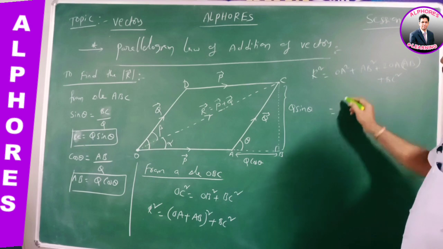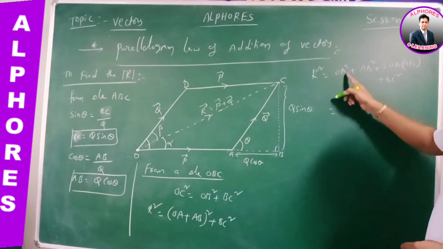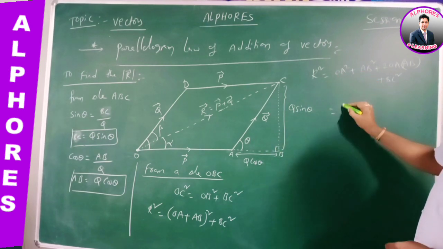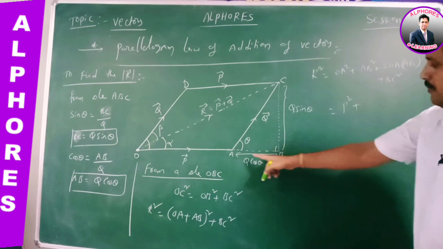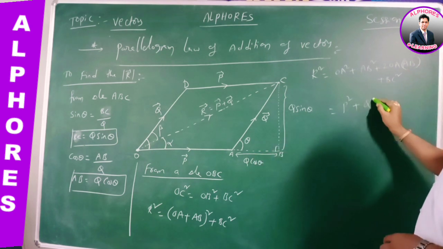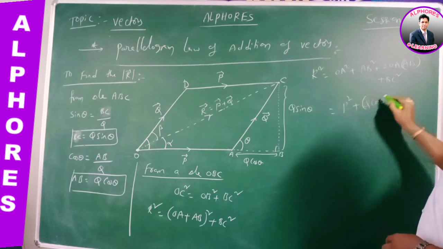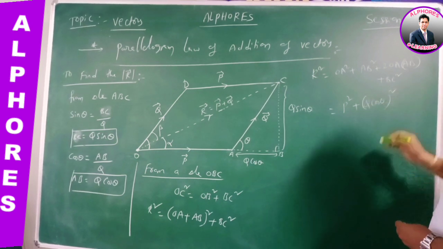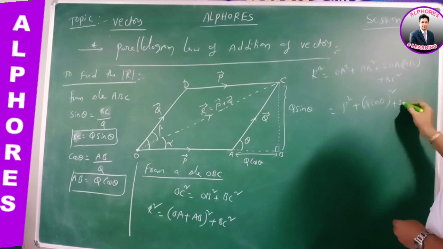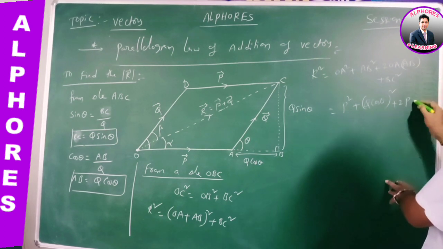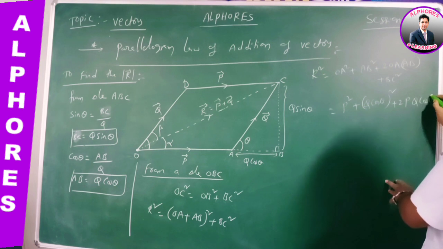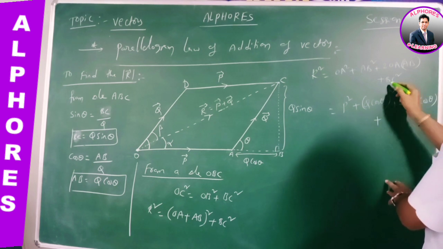Now what is the meaning of OA square here? OA from the diagram is P, so the magnitude P square. Again AB square, AB is q cos theta, whole square. Again plus 2 into OA, that is P, into AB, that is q into cos theta, plus again BC square.